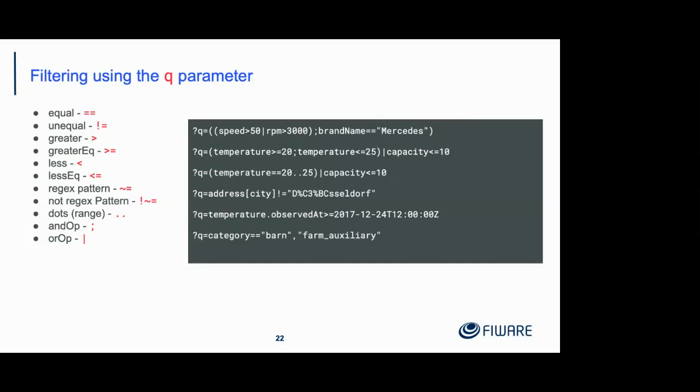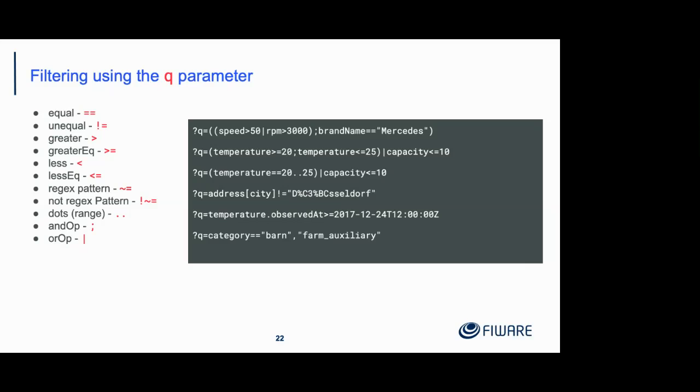Most of these are relatively obvious: equal, unequal, greater than, less than, and so on. But the thing you need to remember is that you can chain multiple predicates together using and or or. And is a semicolon, because obviously the ampersand character in HTTP is problematic, and or is a pipe.